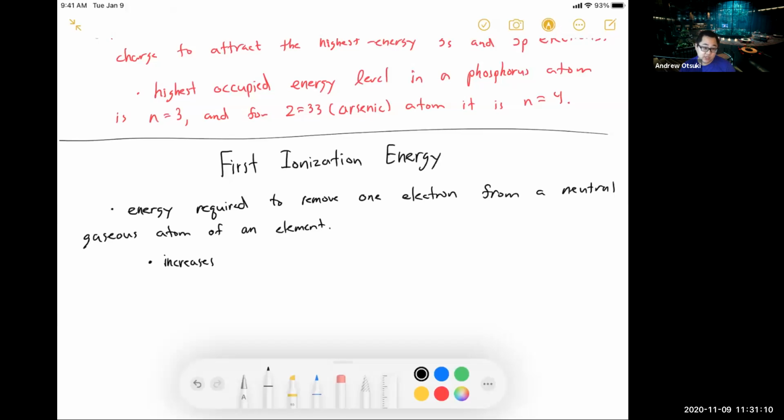So it's just the opposite of the trend. It increases from left to right in any row of the periodic table.